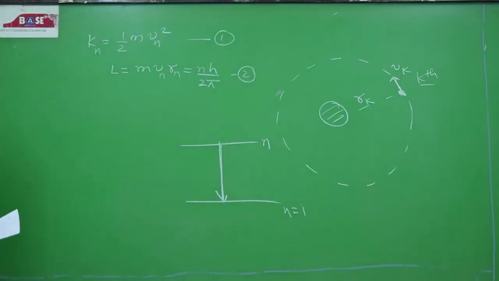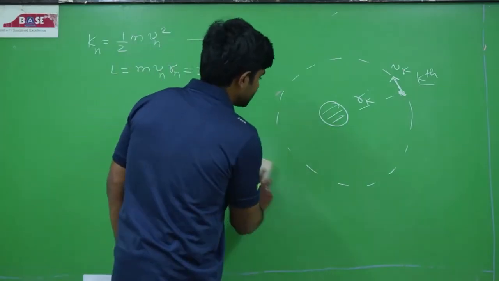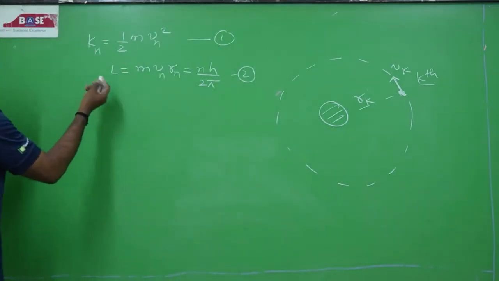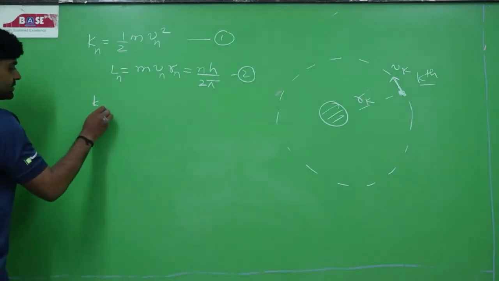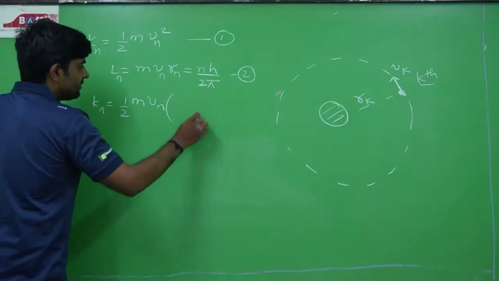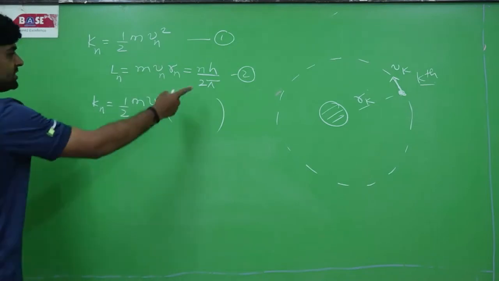After this, let's do a little bit of manipulation and rewrite this in a different way. So we have the kinetic energy expression and the angular momentum in the nth orbit. Kinetic energy will take the expression half m vn, and we'll write another v, velocity in the nth orbit, using this expression.